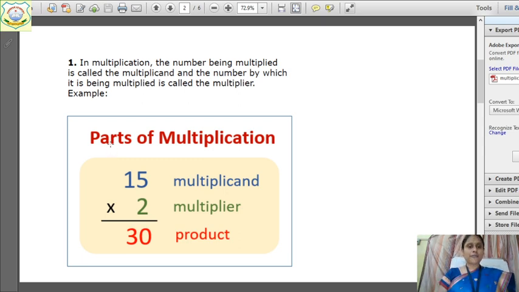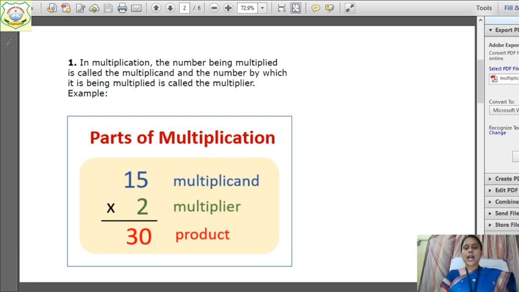Again see the parts of multiplication. 15 is multiplicand, 2 is multiplier, and 30 is the product. 15 is the number which is being multiplied. 2 is the number by which 15 is being multiplied, so it is known as multiplier, and the answer of multiplication is known as product. So these are the parts of multiplication. I hope you all have understood up to here.